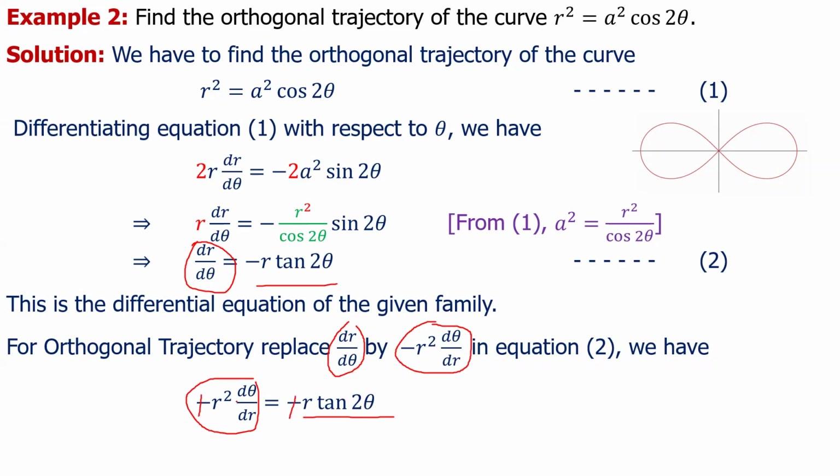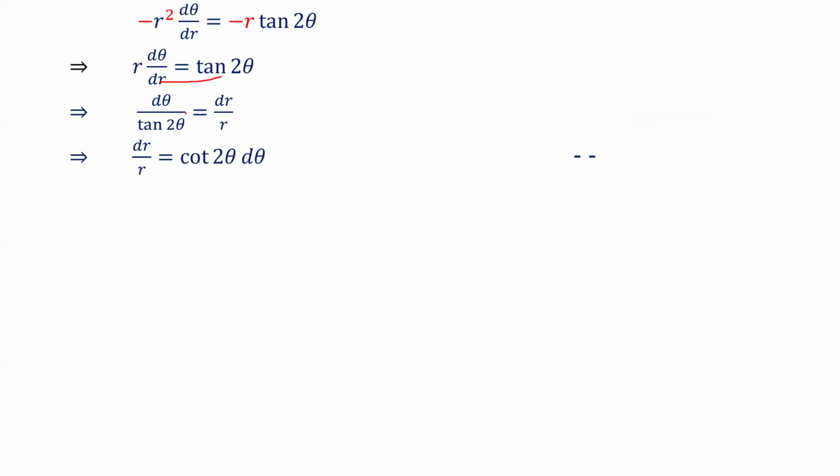The minus signs will cancel, and one r should also cancel. So we have r d theta dr equal to tan 2 theta, or we can write dr upon r equal to 1 upon tan 2 theta, which is nothing but cot 2 theta. Let us consider this as equation 3.